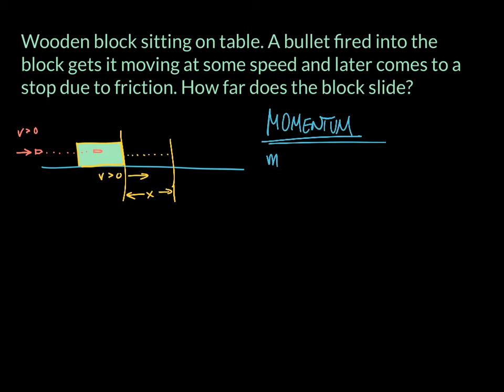So the mass of the bullet times the speed of the bullet, plus the mass of the wood times the speed of the wood initially, will have to equal, when the block and the bullet come together, the mass of the bullet plus the mass of the wood times a new speed.